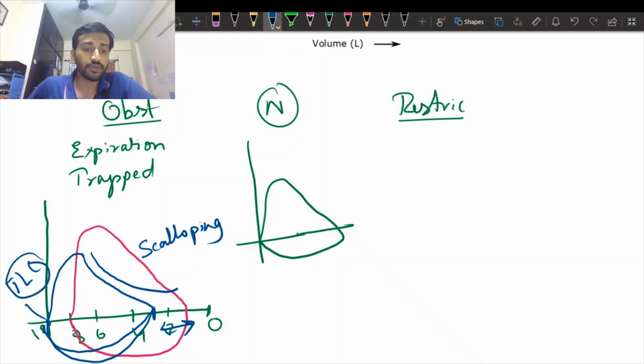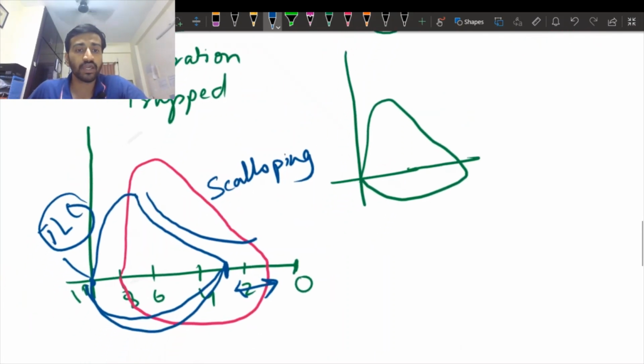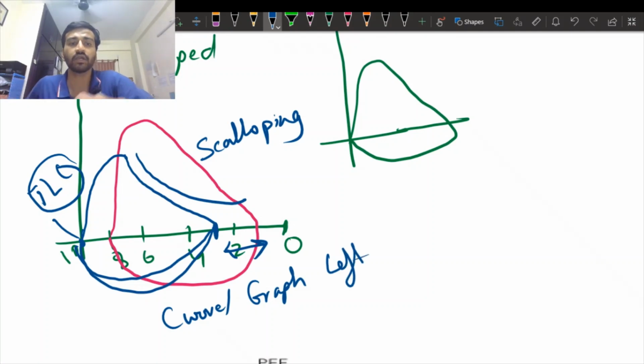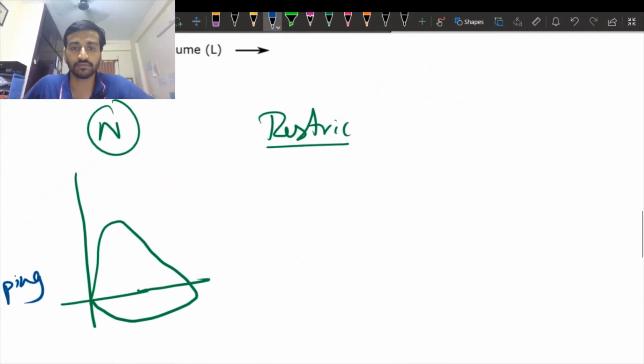Now you understand that in obstructive airway disease, the curve or the graph shifts to left. Okay, let us see the restrictive airway disease. In restrictive, what happens? Let us draw it now.